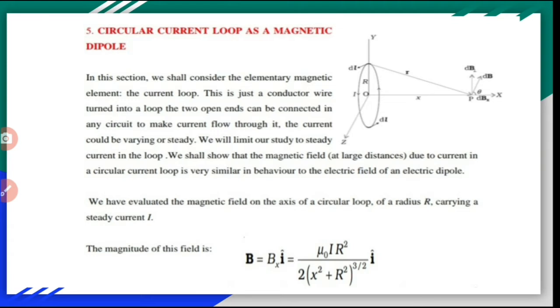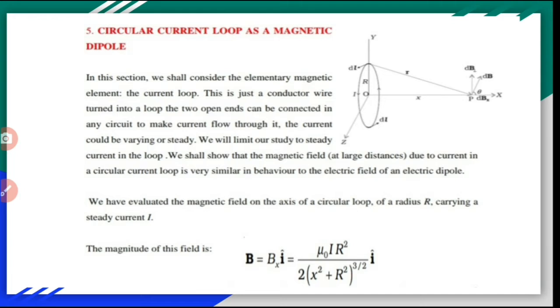We know the expression is B = Bx i = mu 0 I r square divided by 2 (x square plus r square) whole raised to 3 by 2 i, where r is the radius of the current loop and x is the distance of the point from the center of the loop.